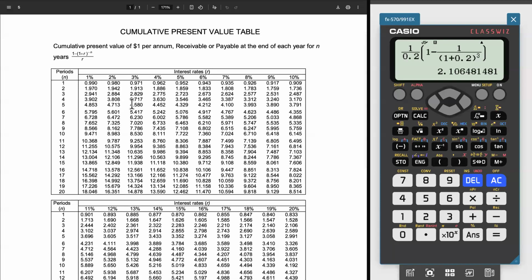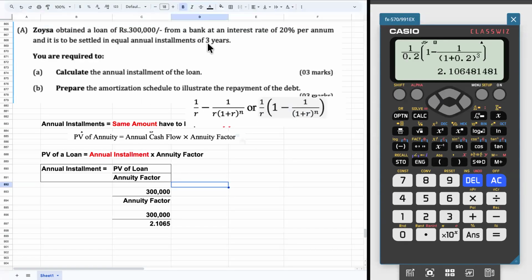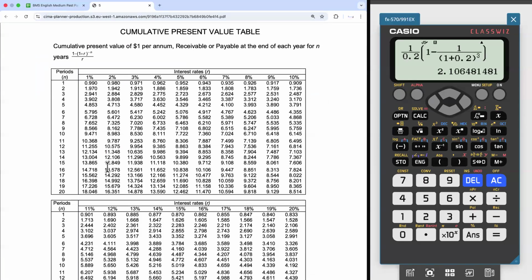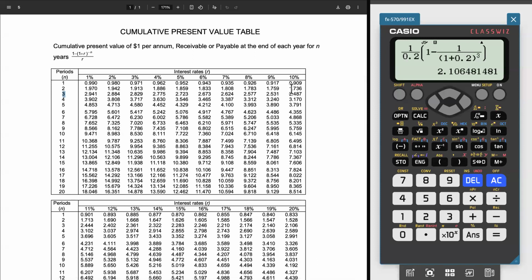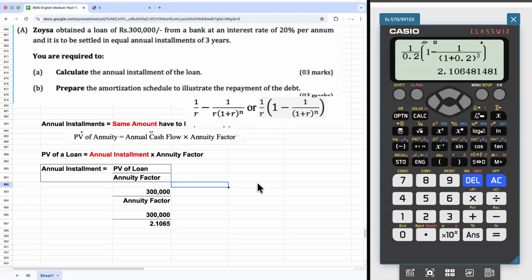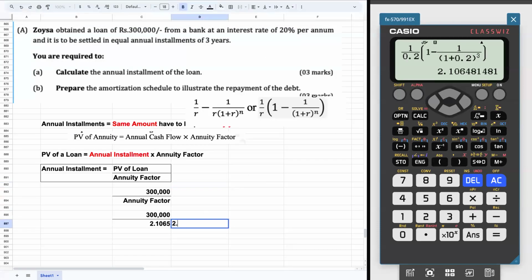Simply take 20 percent for a 3 year period. The 3 year period is here, and 20% is here. If you take it here, you will use 2.106, the same thing, no?